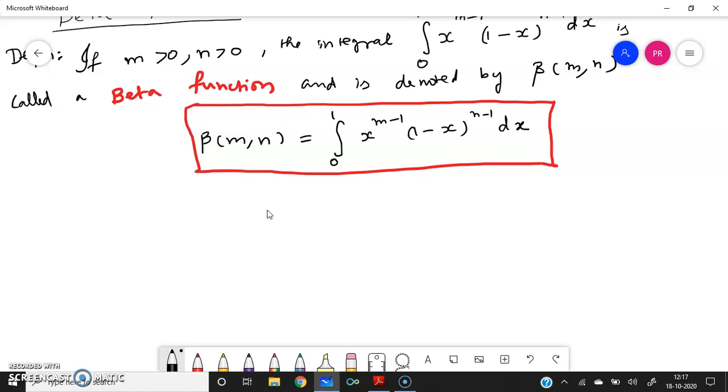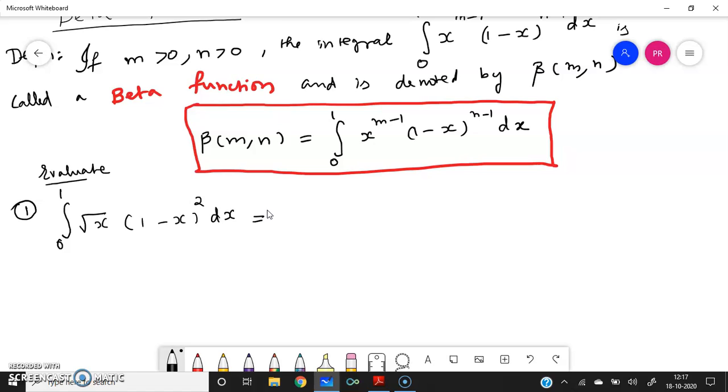Now we will see some examples. The first example is the integral from 0 to 1 of square root of x times (1 minus x) squared, dx. We are supposed to evaluate this integral.